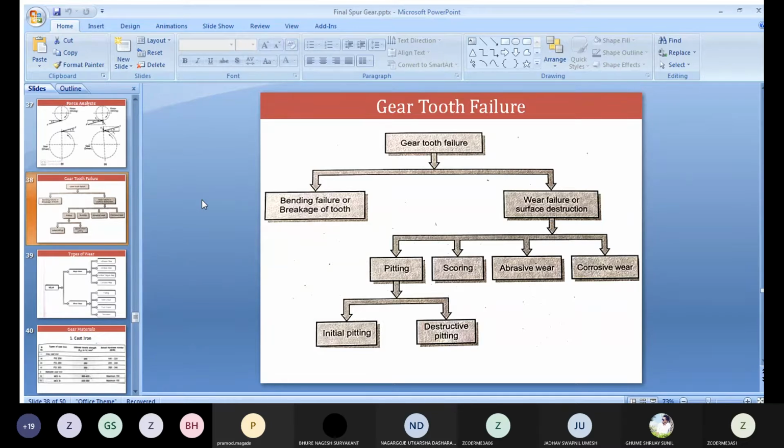Second point, wear failure or surface destruction.